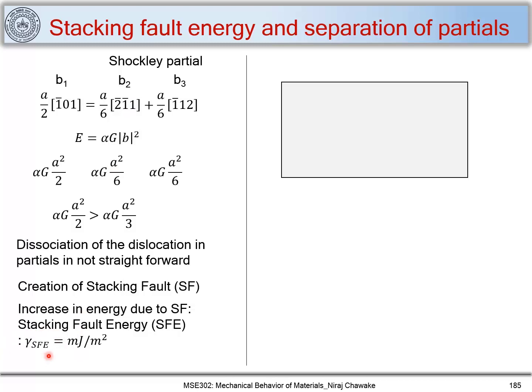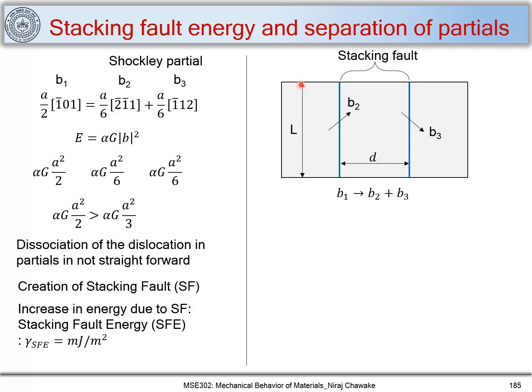Now let's look at this scenario, where B1 dissociates into B2 and B3. Let's mark these dislocation lines and their Burgers vectors B2 and B3. Let's mark the equilibrium distance between these two partials as D, and the length of these dislocations as L. As I mentioned, these two partials create a stacking fault in between them.